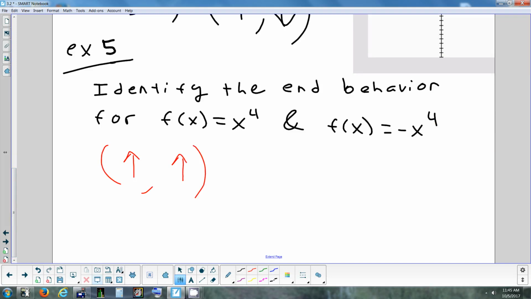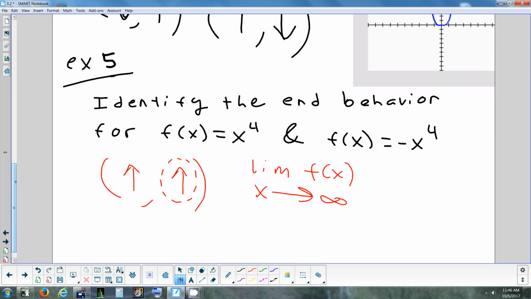Let's describe one part of this with limit notation. Let's do this one. What's happening to y as x heads towards infinity, towards the right? Equals infinity? Yes. As x heads towards the right, y heads up, which is infinity. What I just circled with the dotted line is that part right there.